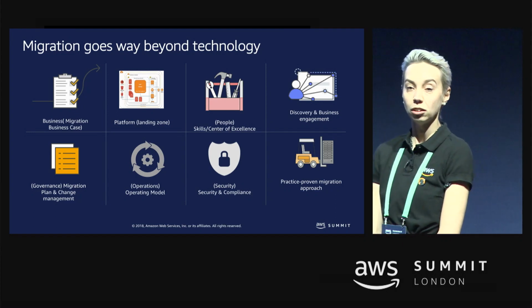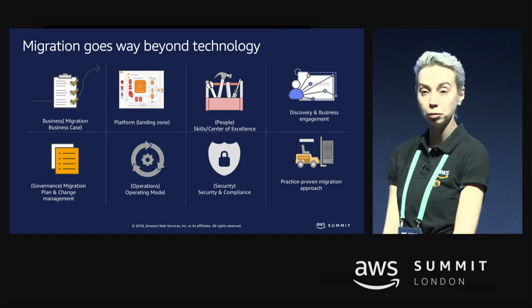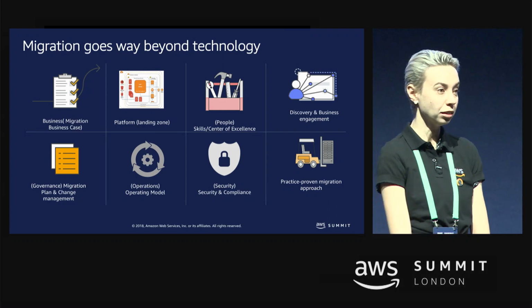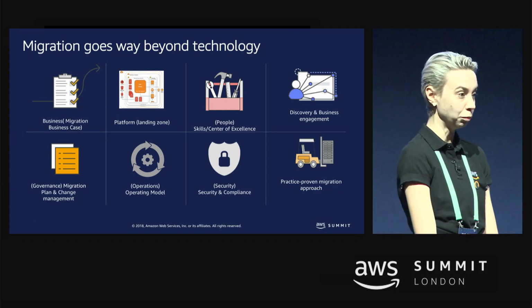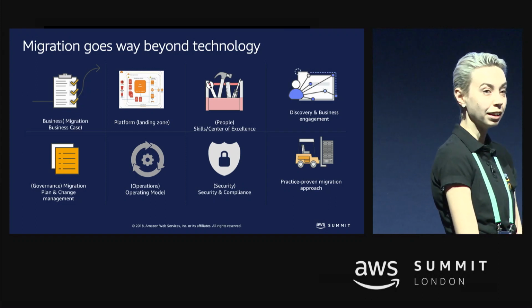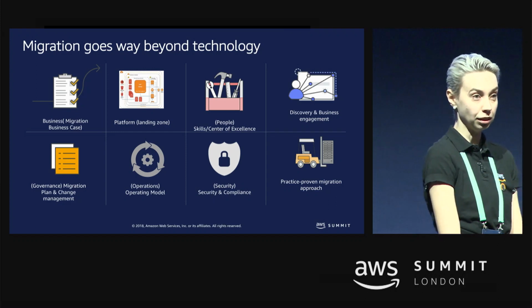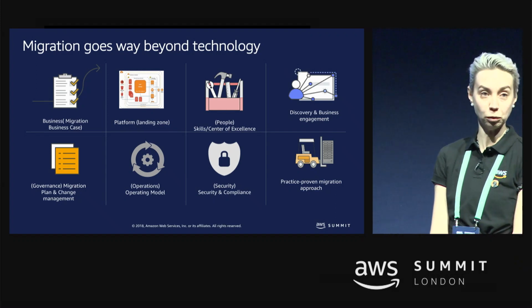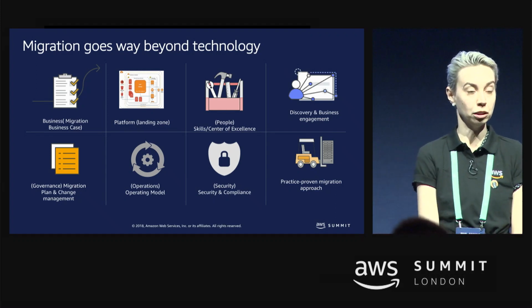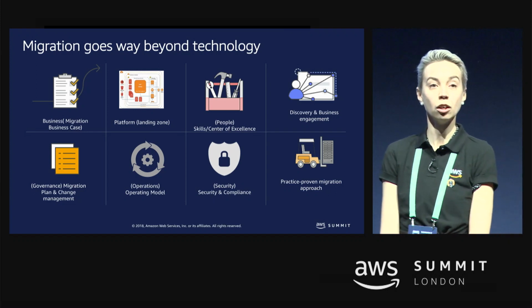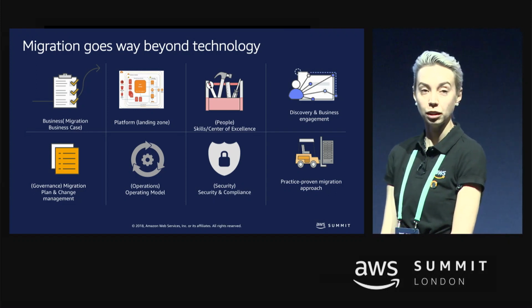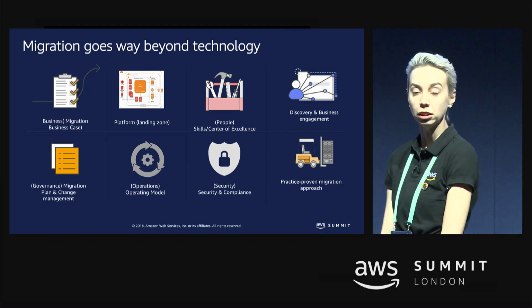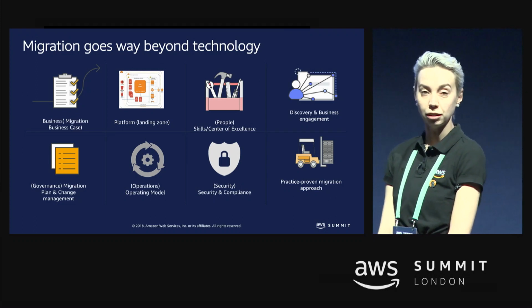And those conversations are about multiple accounts, network design, identity and access management, and shared services like DNS, CI/CD pipelines, and everything you want to have to operate applications on AWS after migrations. For security, we will have a very structured approach, and I will be telling you about it later.